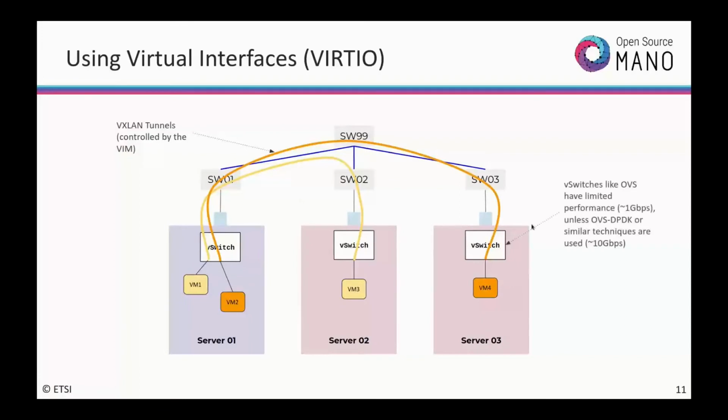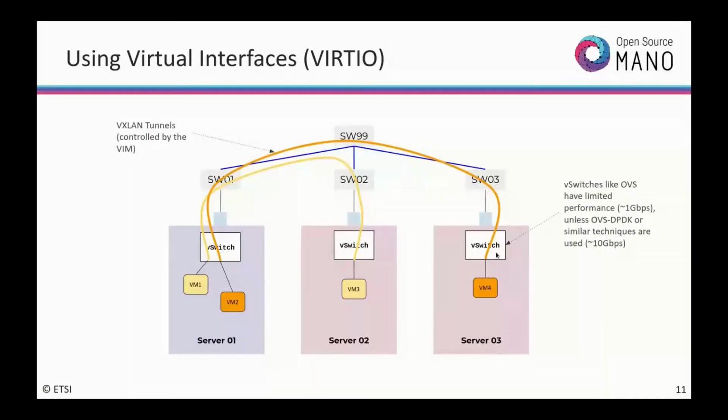So switches like OVS, which can run inside of your hypervisor, typically have limited performance because these are all software things. Now, you can use some network virtual acceleration technologies. DPDK is one of them to help speed this up, but DPDK comes at a cost.